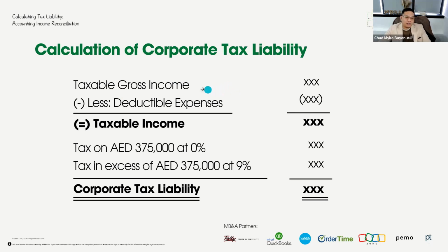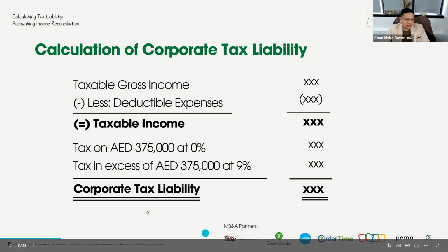So how are you going to manage those differences? Would you just be picking up the gross income that would be there? So for UAE, they have come up with a simpler approach in terms of calculation of your corporate tax liability. So how have they been able to do it?